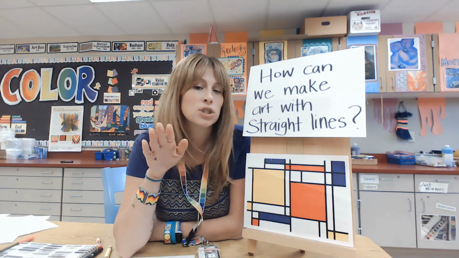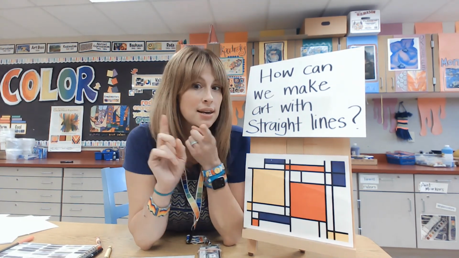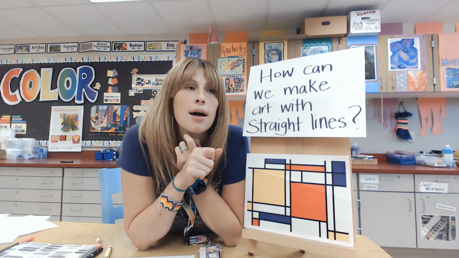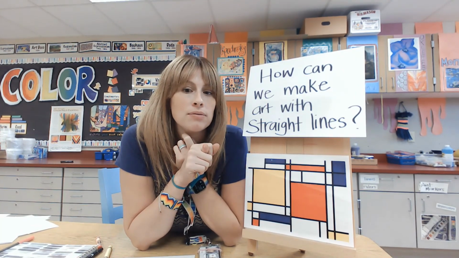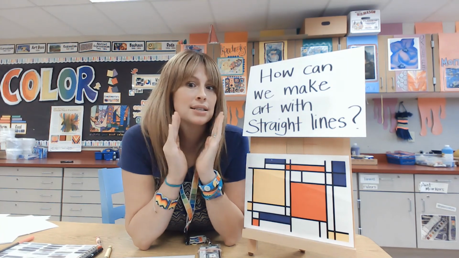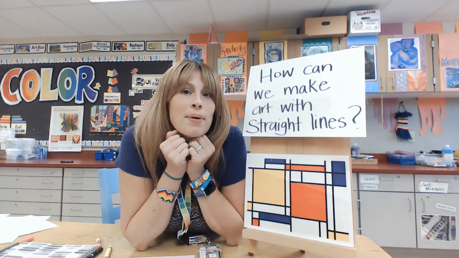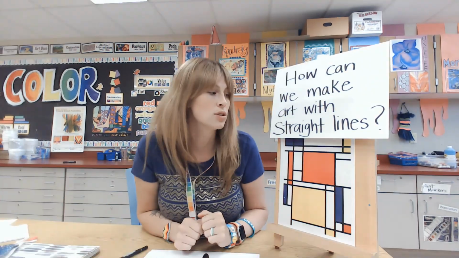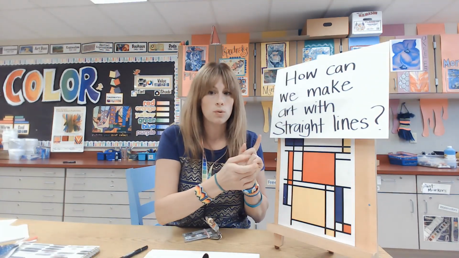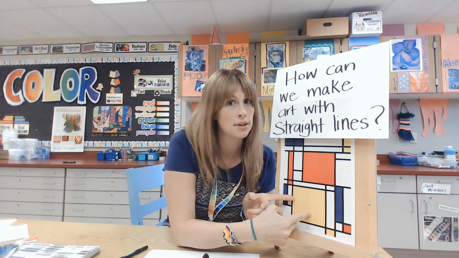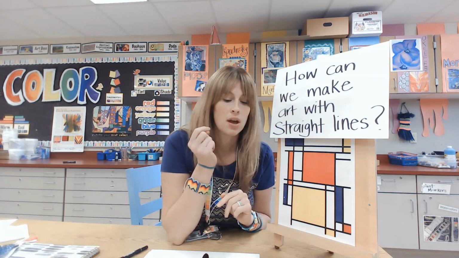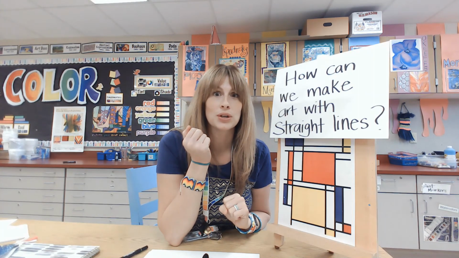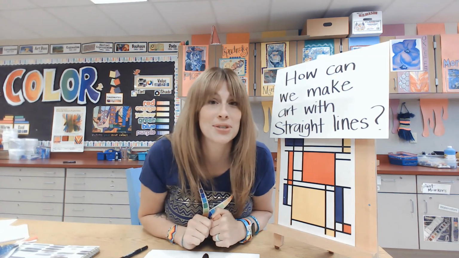We're going to talk about the names of the straight lines, which should be a bit of a review, then talk about using them in our work, practicing drawing them, and then try to create a picture like his. All right, here we go. Today we're going to make a little art like Mondrian and try to learn the names of the straight lines.